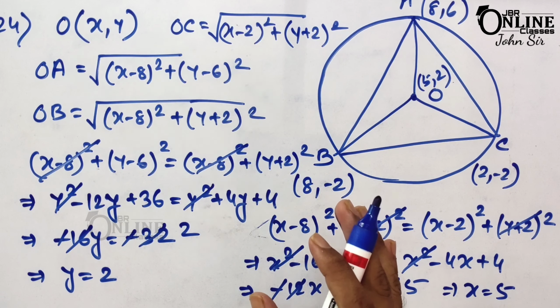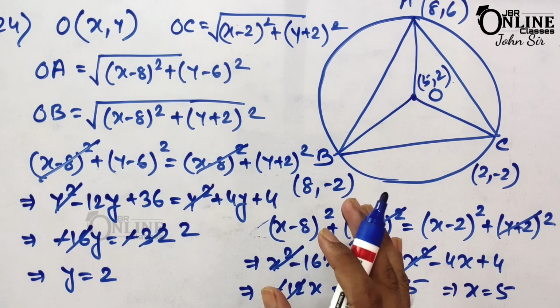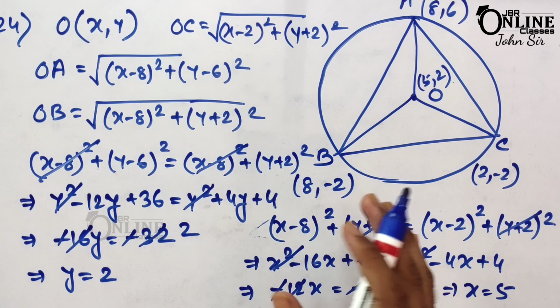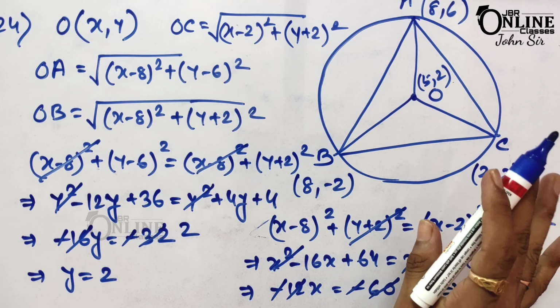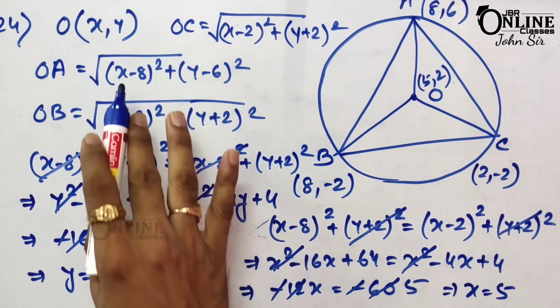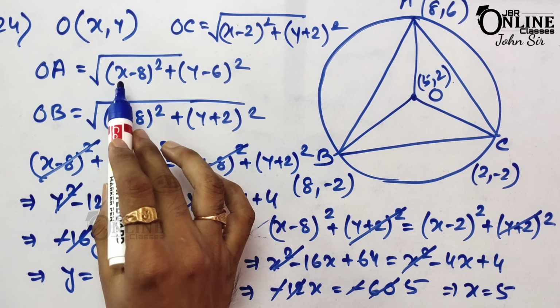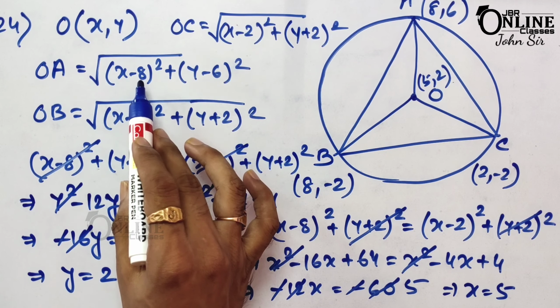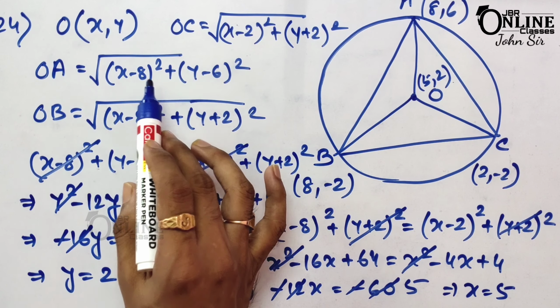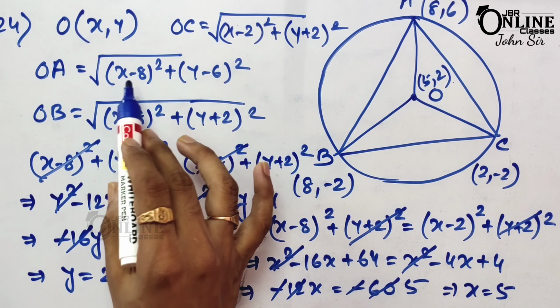Now you also have to find its circumradius, that means you have to find any one of OA, OB or OC. So just put the value in the given equation. Suppose OA. If x equals 5, then 5 minus 8 will be minus 3.